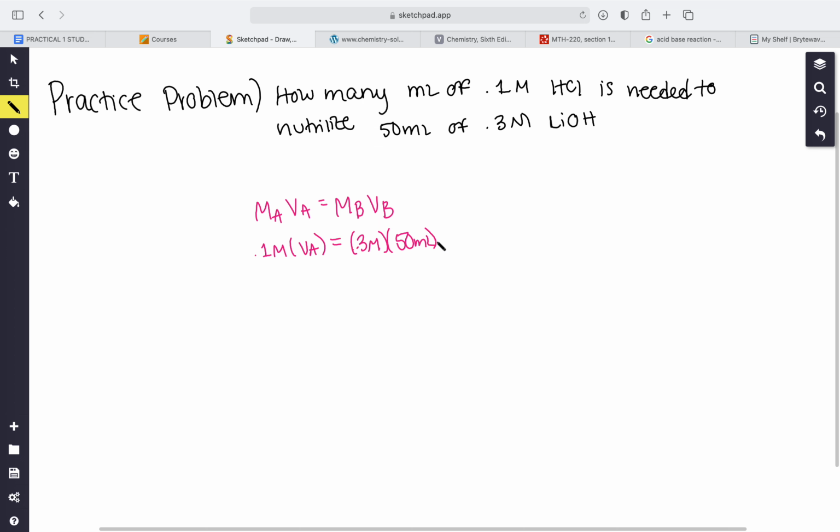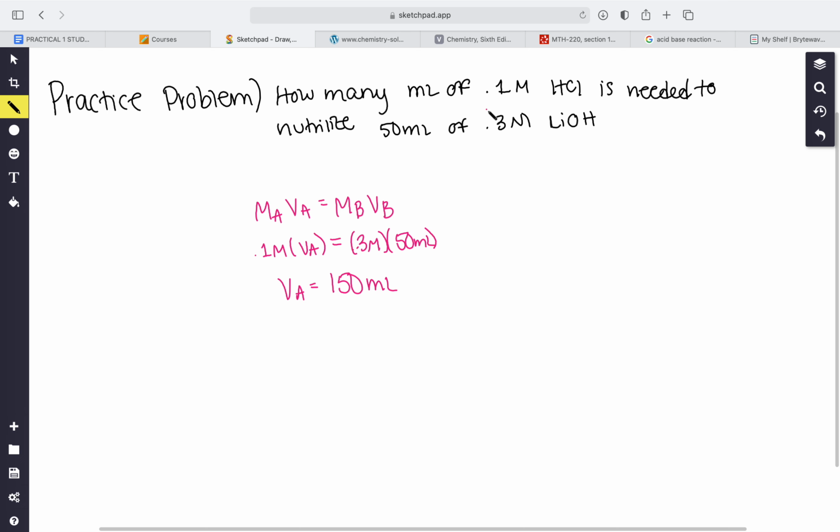So again, we're just going to do some algebraic stuff here. We're going to do 0.3 times 50 divided by 0.1, and we are going to get the volume of the acid will be 150 milliliters.